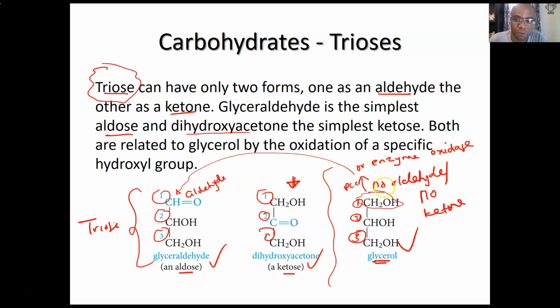You use an oxidase to oxidize an alcohol to an aldehyde. Alternatively, this middle one can be oxidized by PCC in the lab or using an oxidase enzyme. You convert the alcohol to a ketone. It's a ketone because we have carbon-carbon bonds on both sides, so it's a ketose. So glycerol is considered the mother of the ketose or the aldose. It just depends on which hydroxy group you're oxidizing.